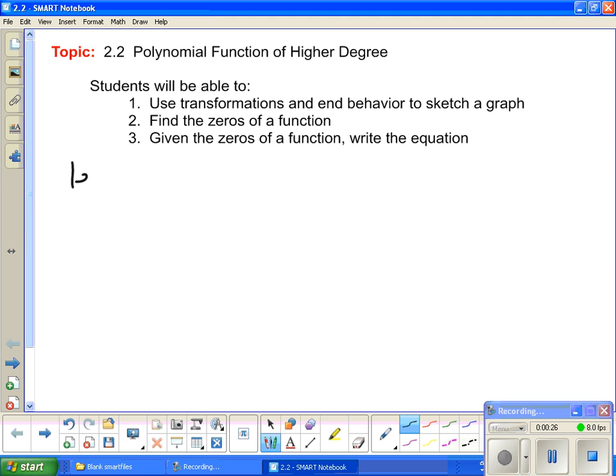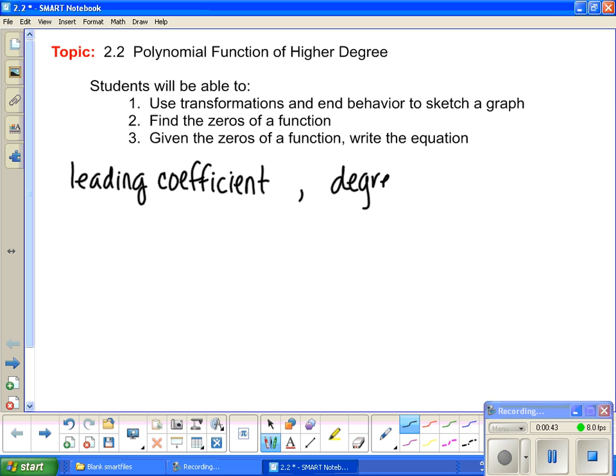So we have what's called the leading coefficient. And then we have the degree. And that determines end behavior.